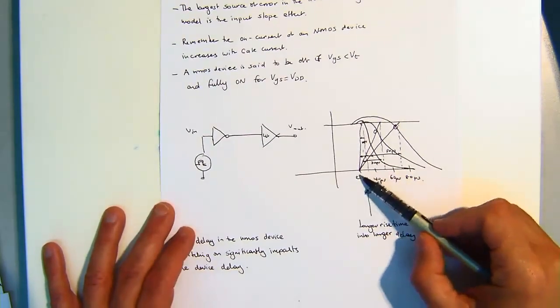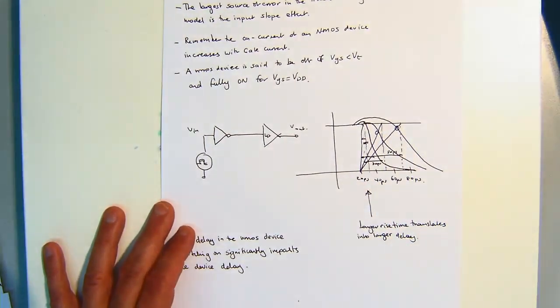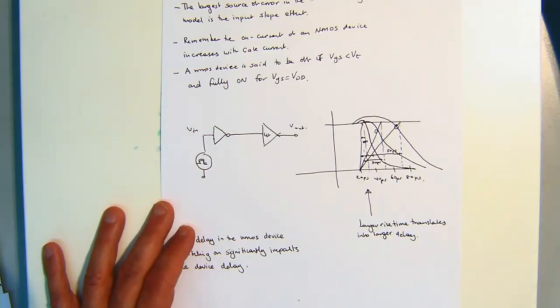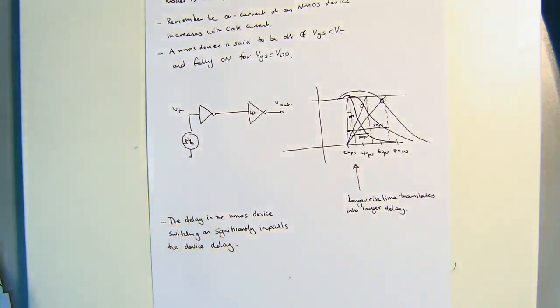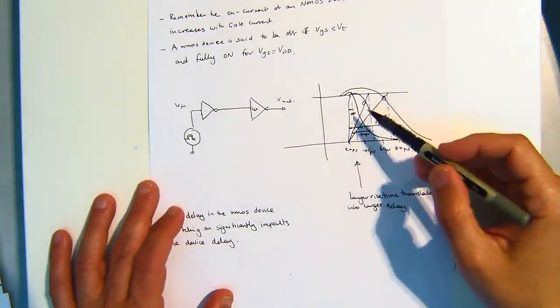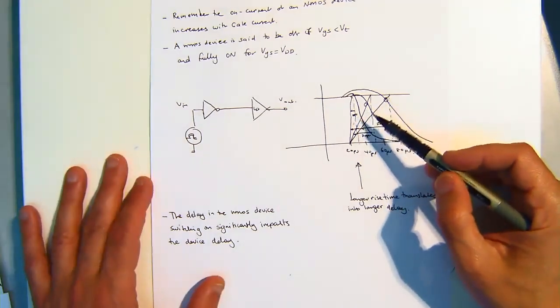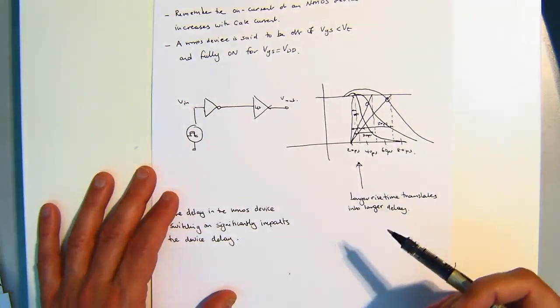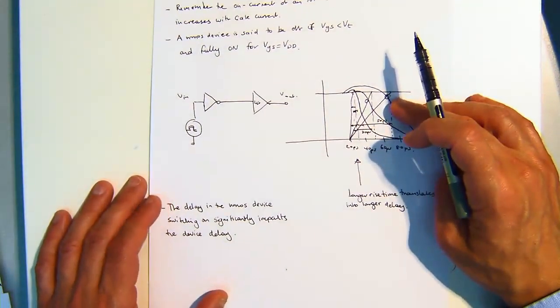As this changes, as you get more and more delay, and that could be due to slewing of your previous stage, your previous stage might be trying to drive a large gate following it and doesn't have enough current drive. Essentially that gradient decreases, going from infinite to some finite value, hopefully not 0, but some largish value.